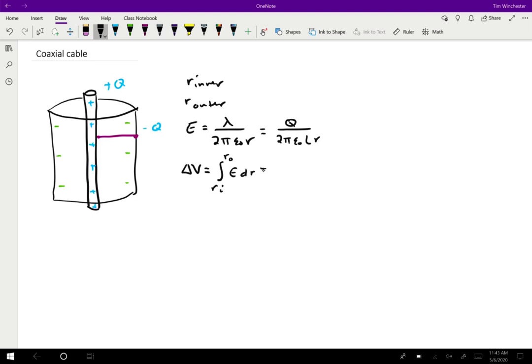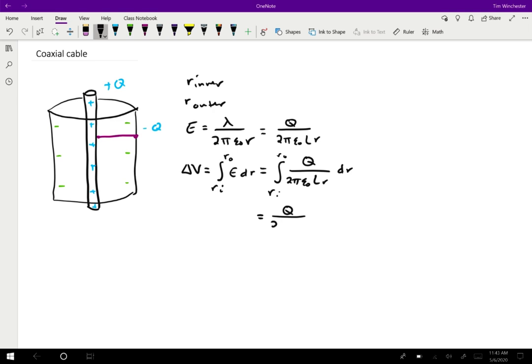Right, and so if I do that, then what I'm going to have is that I'm integrating Q over 2 pi epsilon naught L r dr from the inner radius to the outer radius, and that leaves us with a bunch of constants.